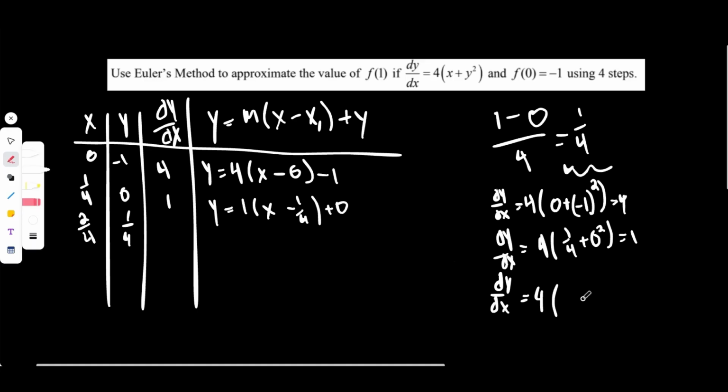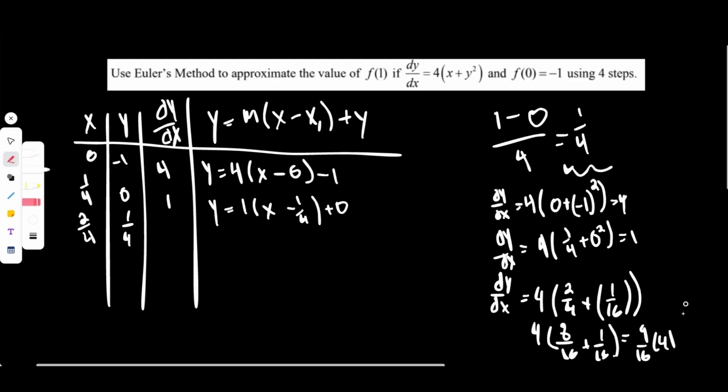Our x value was 2 over 4 plus 1/4 squared. 1/4 squared comes out to be 1 over 16. Because we want this in terms of 16, I'm going to multiply this fraction by 4. So this becomes 8 over 16 plus 1 over 16, which is 9 over 16, times 4.